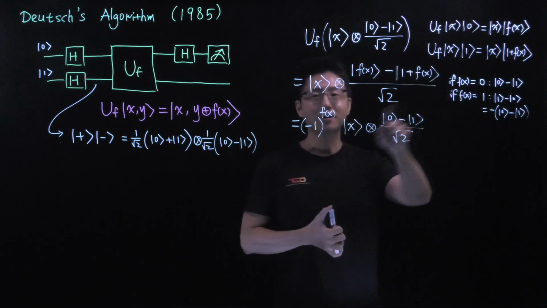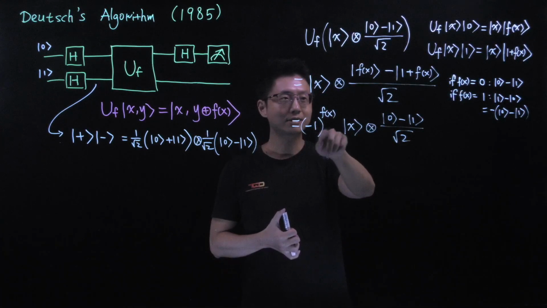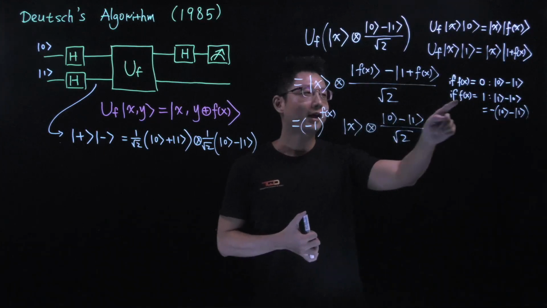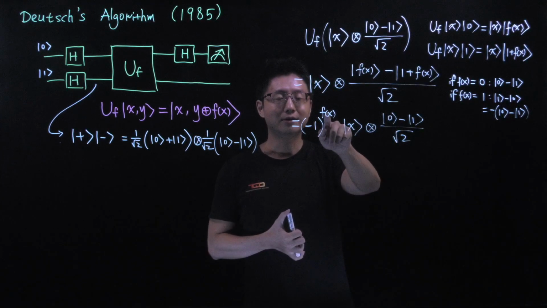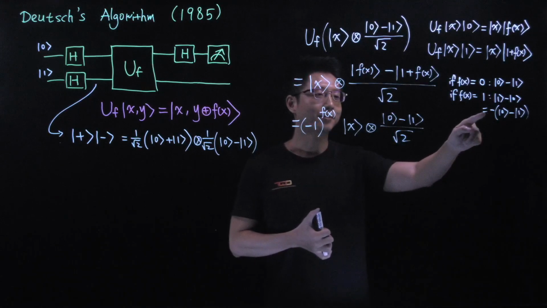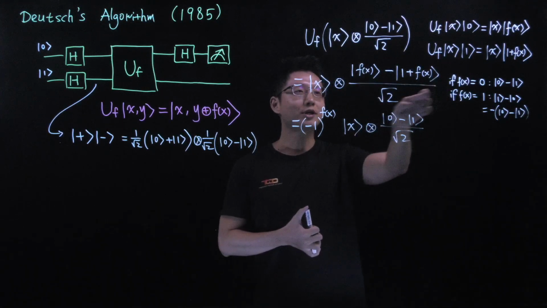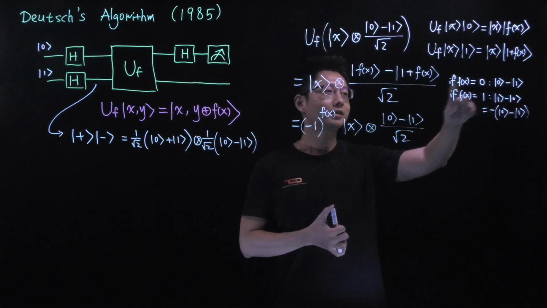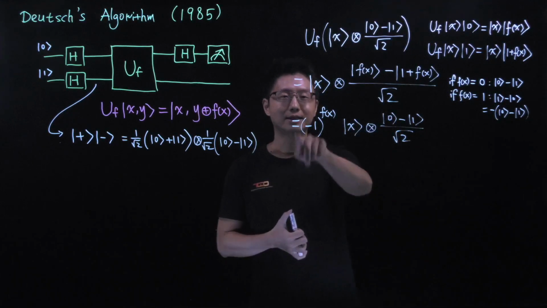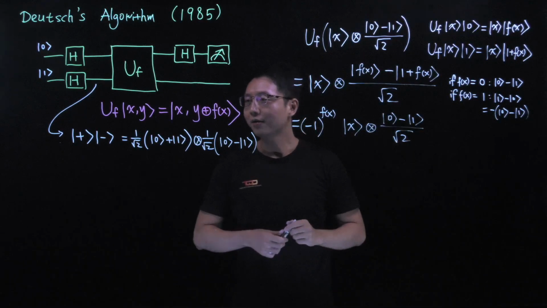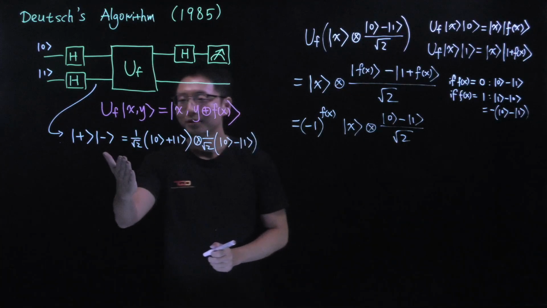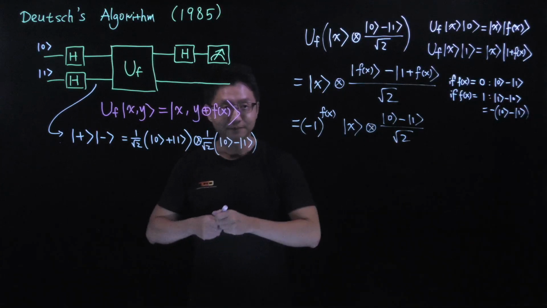If f of x is 0, minus 1 to the power of 0 is positive, so that's why we have that. If f of x is 1, then minus 1 to the power of 1 is negative 1, so we pick up this negative sign. So this expression over here with this condition can be compactly written in this way. Alright, with that, now we are able to find out the state over here.